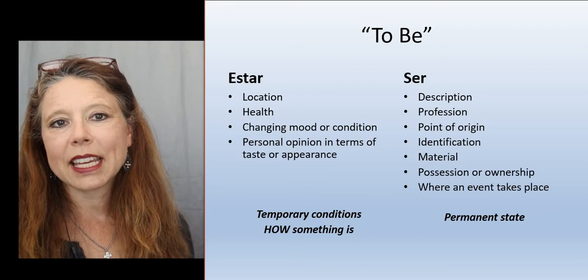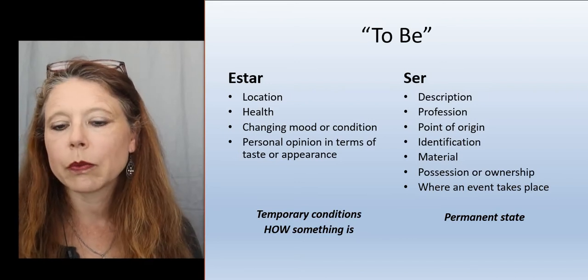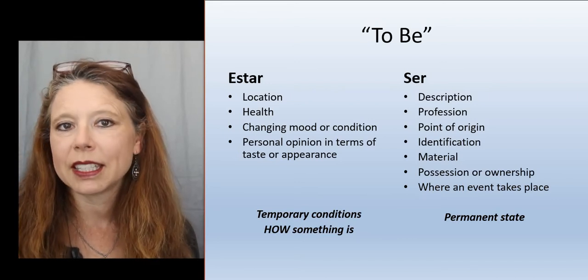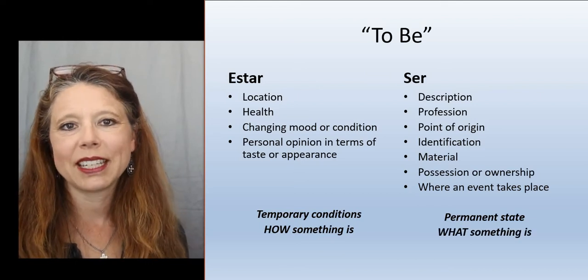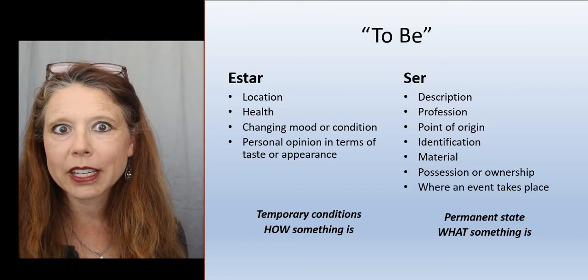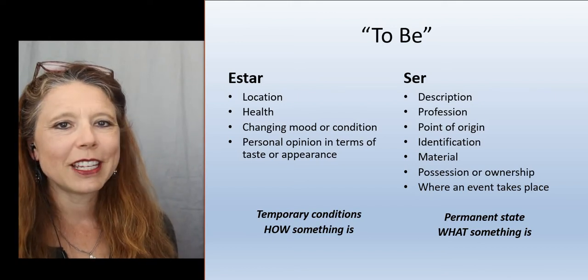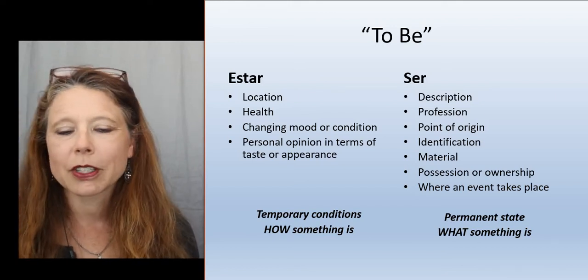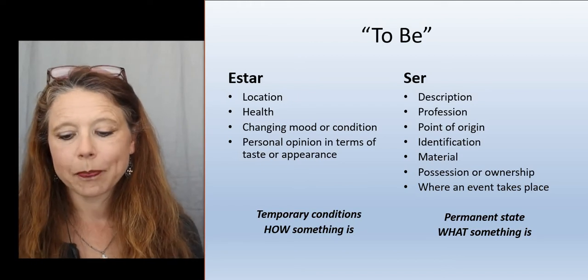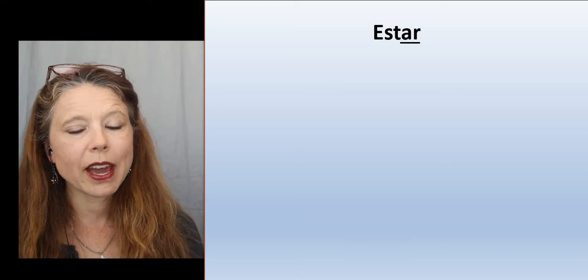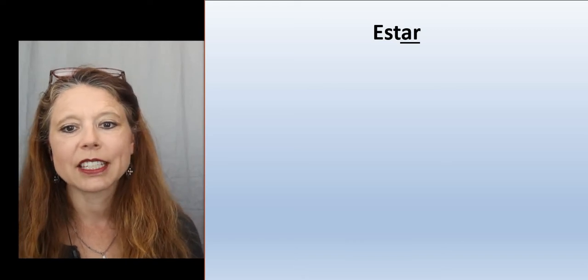So in this case, ser is used generally when we're talking about a more permanent state or what something is. So don't worry. I know right now it's a little confusing, but we are going to provide examples and do some practice using estar or ser. But first, we have to talk about how they're conjugated.